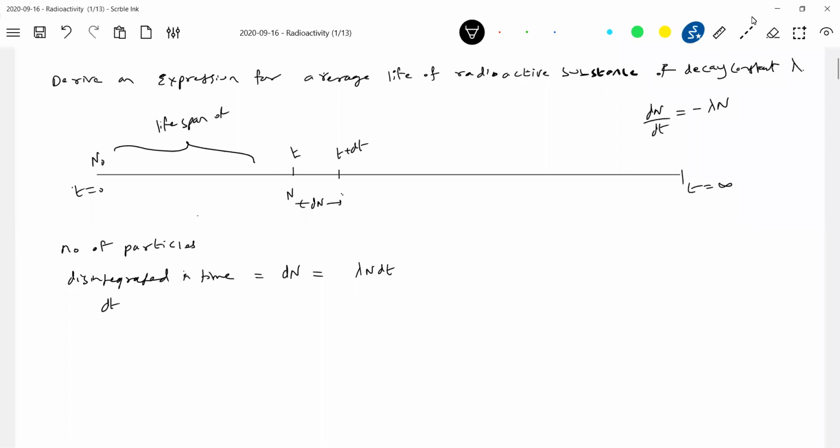The lifespan of each of these nuclei is t.